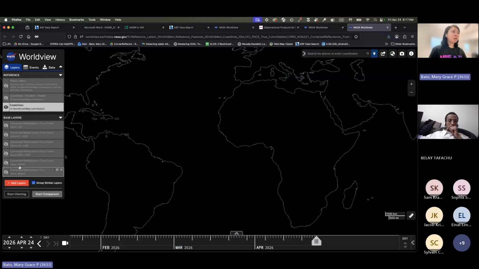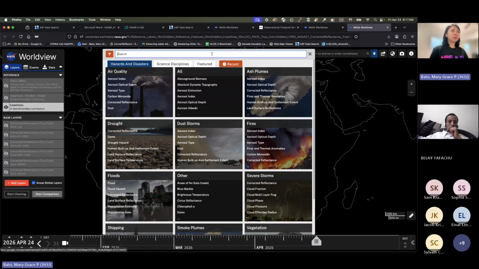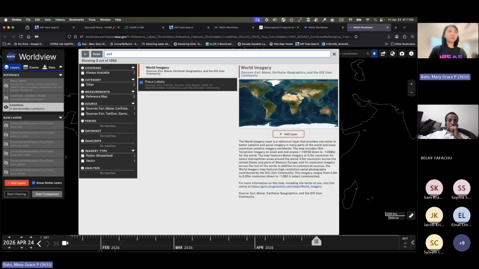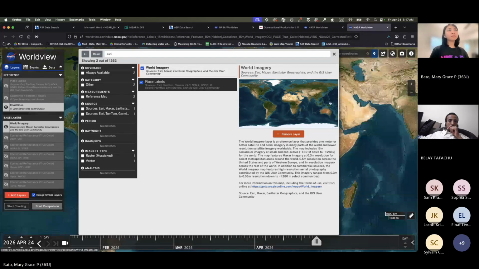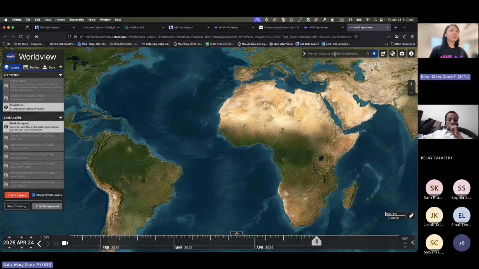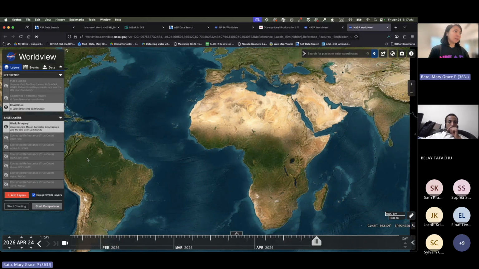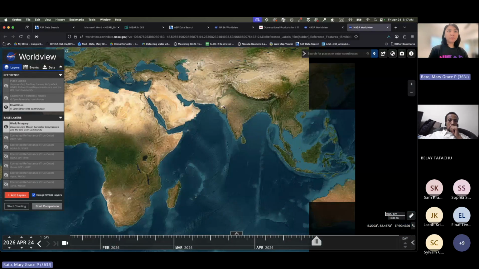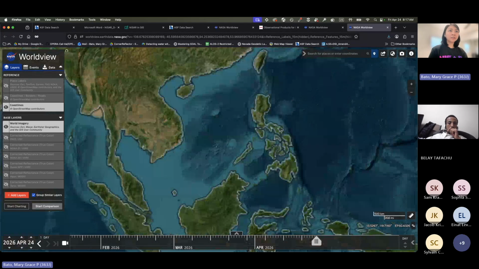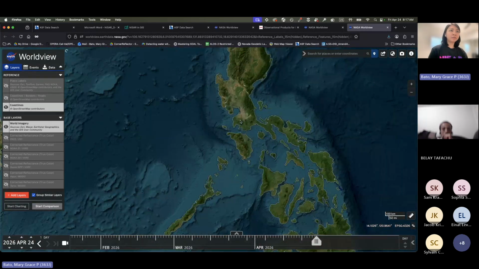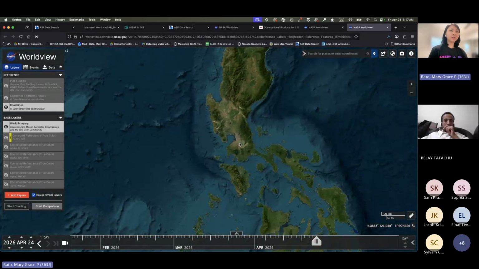So I would always start by adding the S3 base map layer. We'll just put that there. And then you can see much more of the globe. Okay, so we're going to the Philippines, and then to Taal volcano. Maybe I should zoom out a bit.